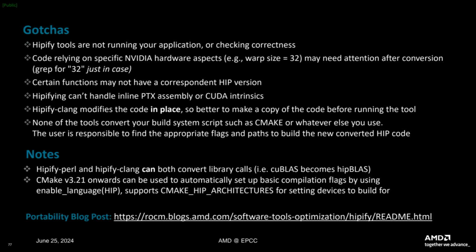HIPify Clang, for instance, modifies code in place, so it's better to make a copy of your code before you run it with HIPify Clang. On the plus side, though, HIPify Perl and HIPify Clang can both convert library calls, so cuBLAS will become hipBLAS, for instance. If you're interested in more detail, you can take a look at this portability blog post that has more information on this topic.